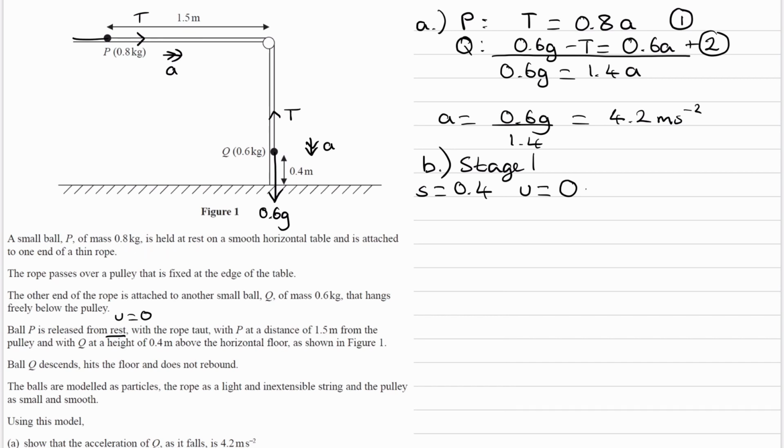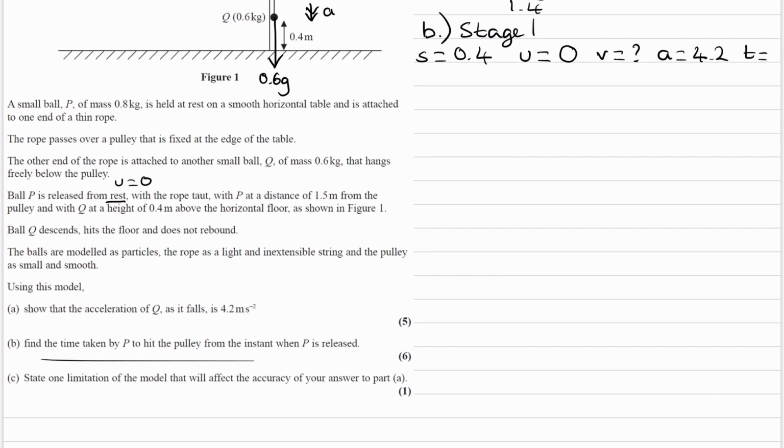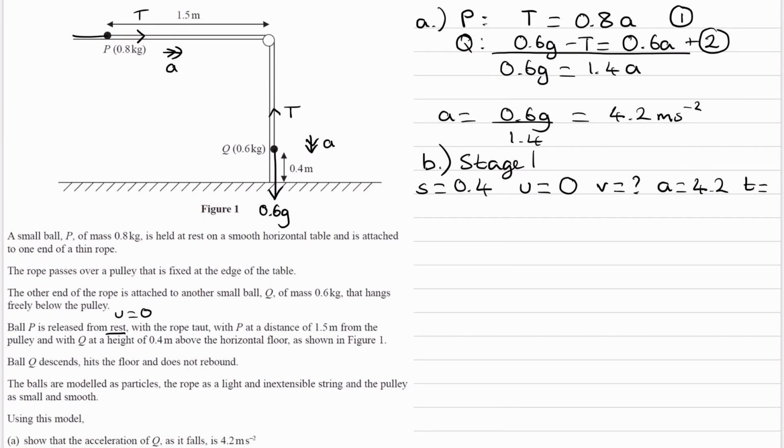The final speed we do want to work out, because this will be the initial speed for stage 2, and this will be the speed just before Q hits the ground. The acceleration would be the same as before, 4.2, and then the time we don't have, but we're trying to work that out. We want to work out the time it takes for P to hit the pulley. So there's two stages. We need to work out the time for the first stage and the time for the second stage, and then add the two things up.